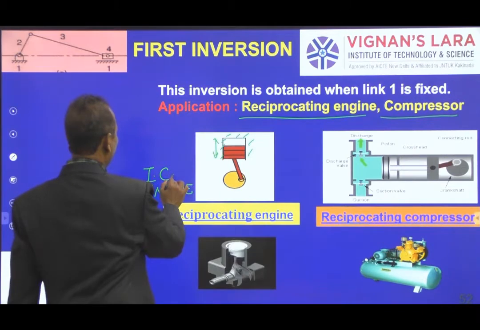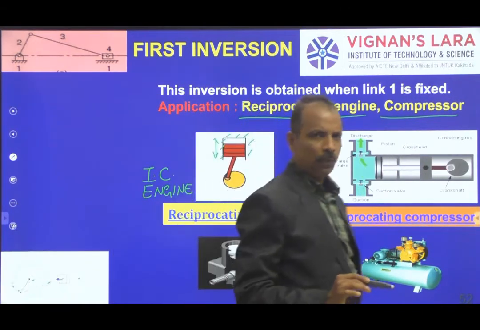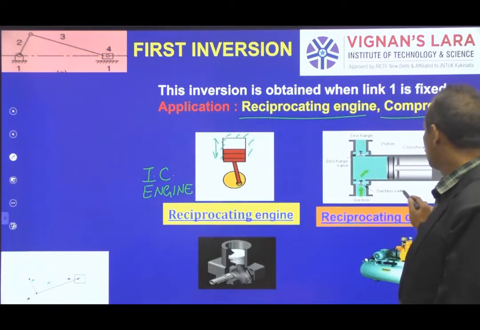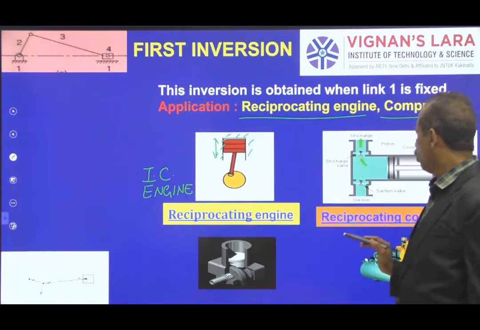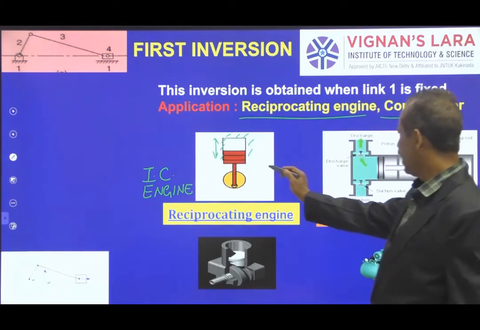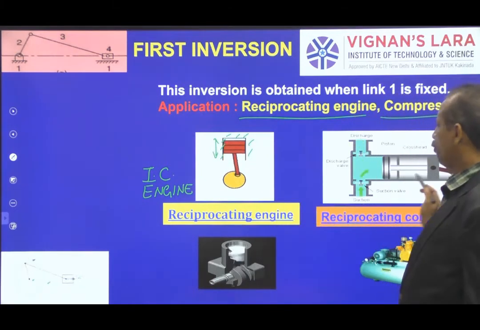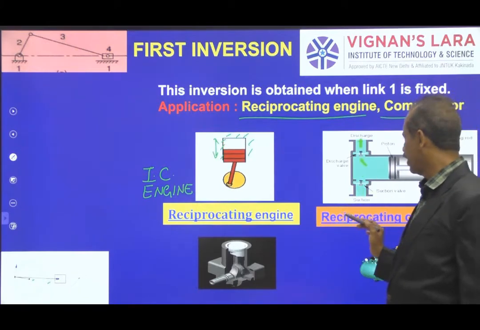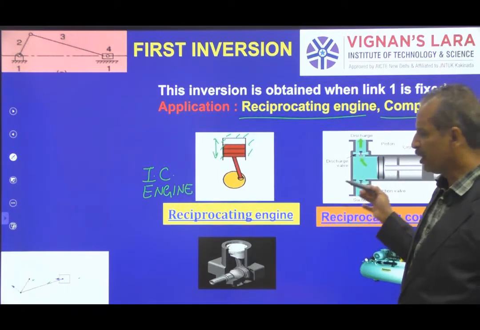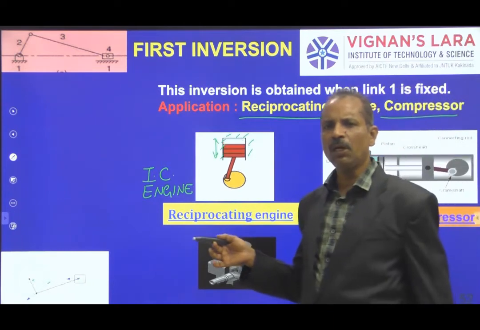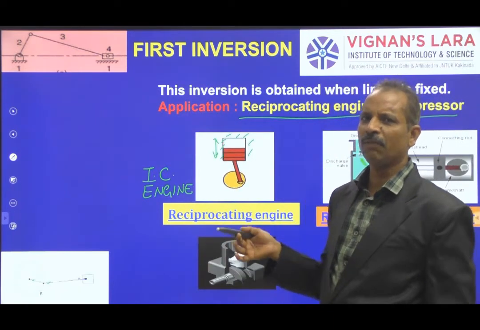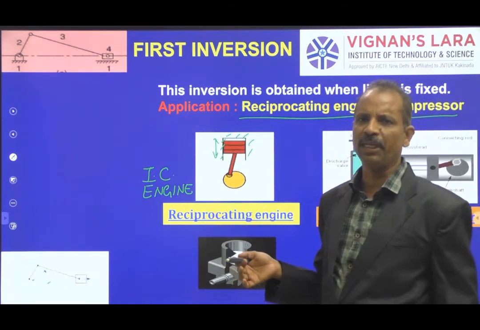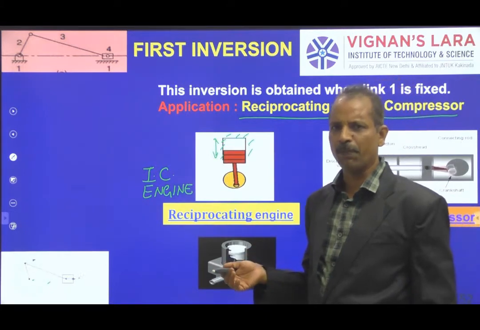Similarly, the other example I will show you is a compressor. Here also the same mechanism is used, but the application is different. The objective here is to compress some gas or medium for a specific purpose.